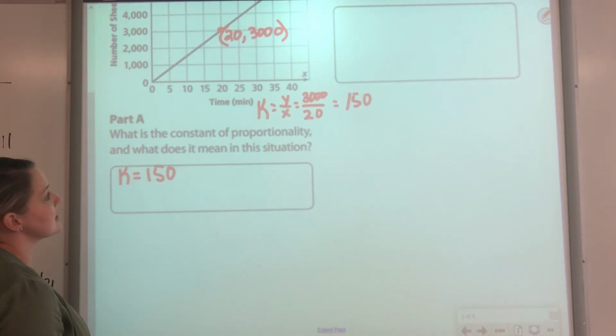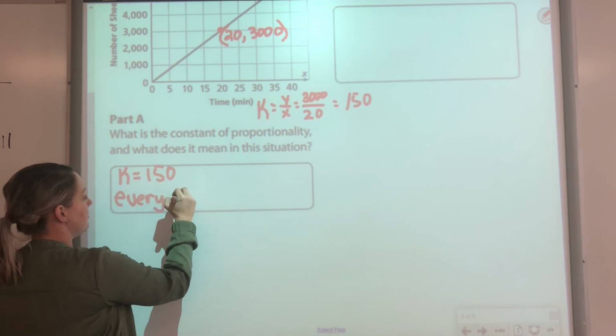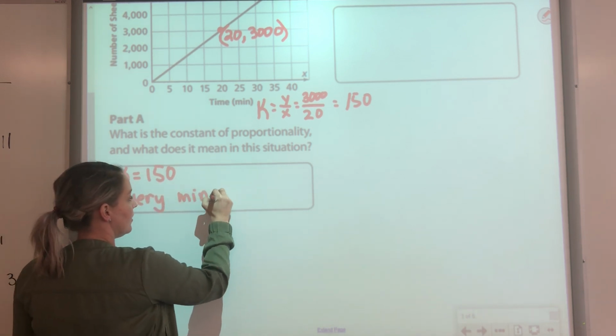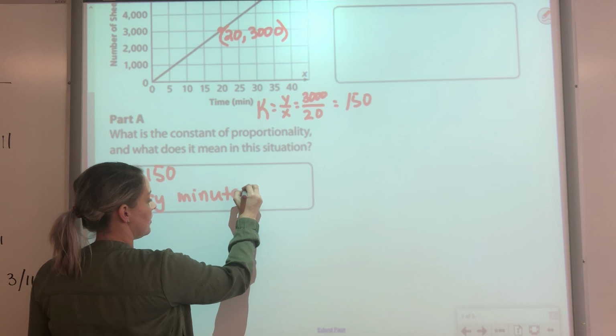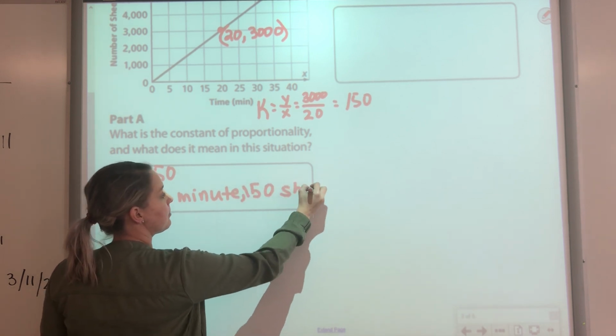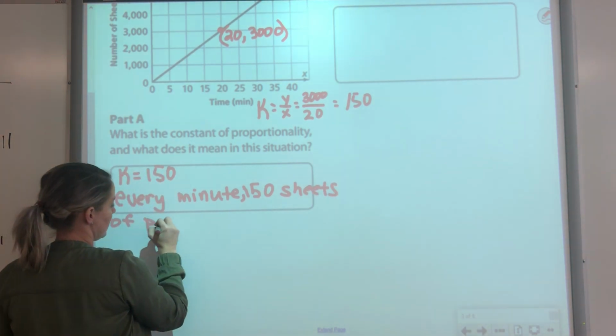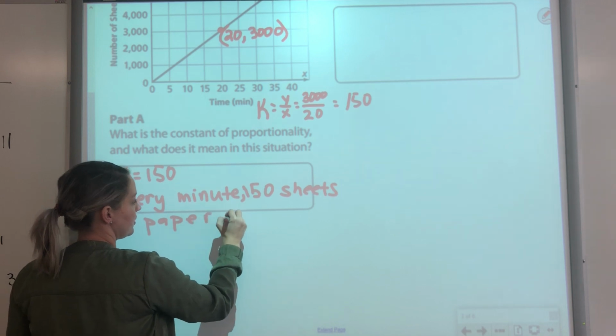Okay? And what does that mean? That means that every minute, 150 sheets of paper are folded.